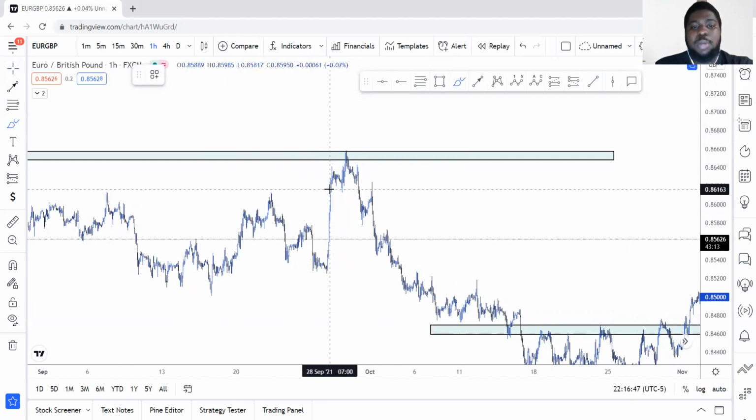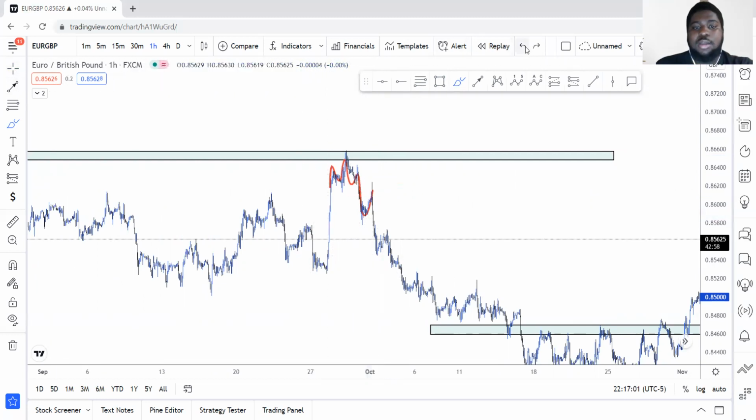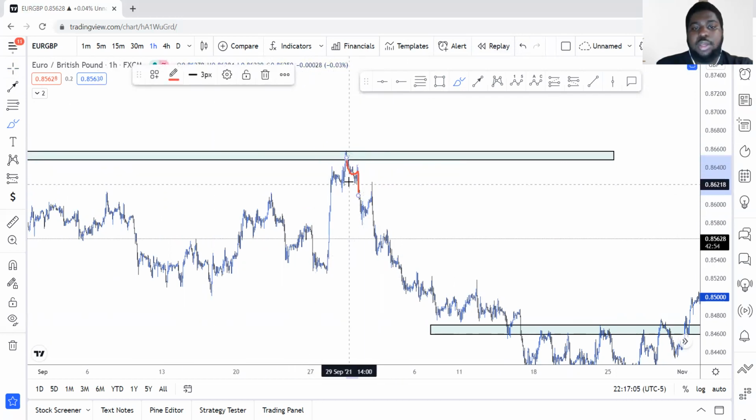We can start spotting highs and lows in the market, lower highs, price coming underneath, retest. And now this retest, that's an example right there. Let me just delete that. We can look to enter based on the structure over here.